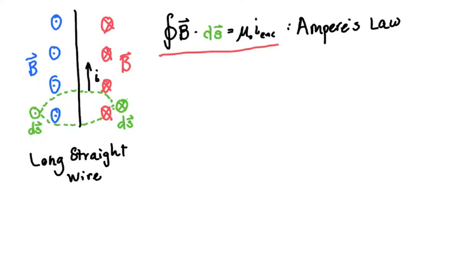Alright, so let's take a look at this. First and foremost, we want to choose a path that makes this integral as simple as possible. So, if we have a long straight wire, the simplest path for us to take that keeps the strength of the magnetic field constant is to go in a circle around the wire.